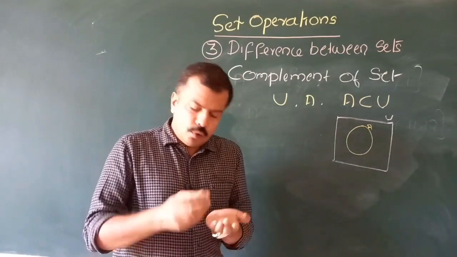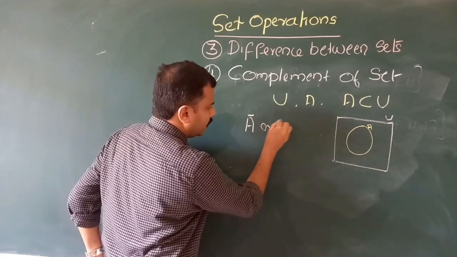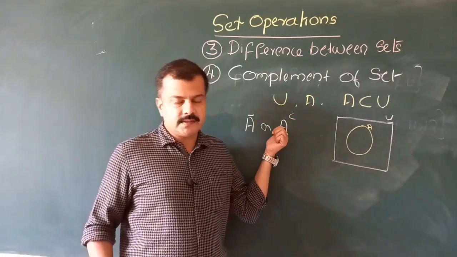Now, complement of A is usually denoted as either A dash, or you can call it as A raised to small letter c. This is how the complement of A is written.